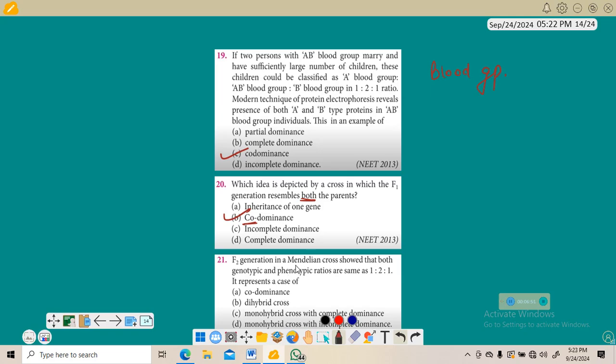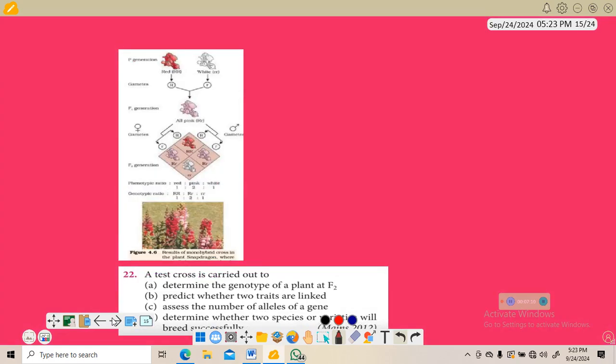Okay, next, the F2 generation in a Mendelian cross showed that both genotypic and phenotypic ratios are the same, 1:1. It represents a case of... this ratio that is present is part of incomplete dominance.